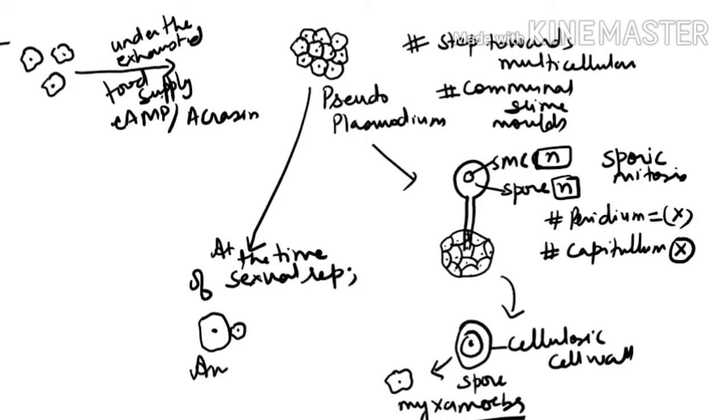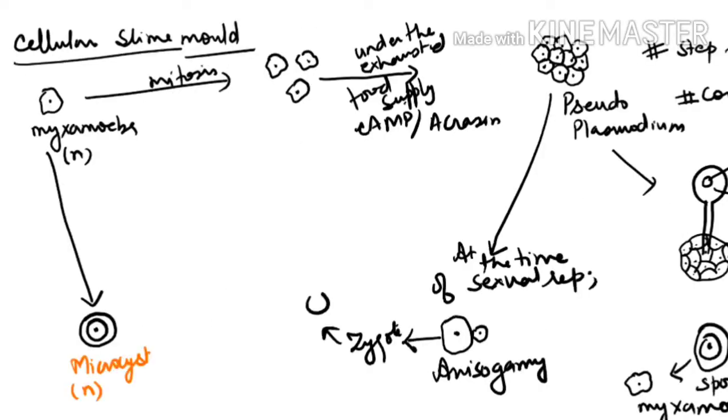So we will say it is showing anisogamy. After this it will form the zygote, which is surrounded by a thick wall, and this structure is known as macrocyst. So microcyst ploidy is n, but macrocyst ploidy is 2n.